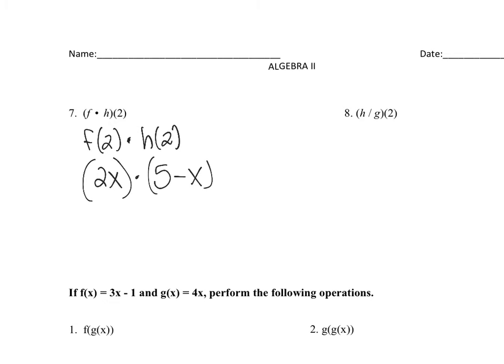So 2 times 2, 5 minus 2. PEMDAS, what's my first step? Good, what's my parentheses? It's 5 minus 2. Good, and what's 5 minus 2? 3. Good.